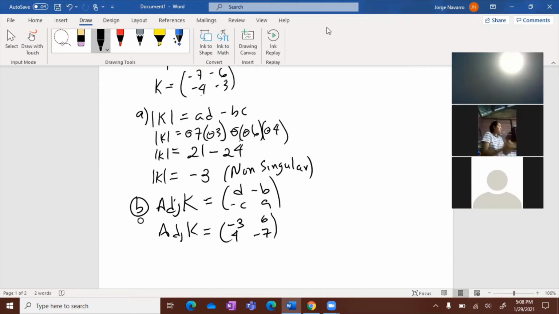Because a normal matrix K is in the form A, B, C, D. What the formula is saying is that this goes here and that goes up there. And these, whatever they were, will change to the opposite sign. If they're positive, they will become negative. If they're negative, they'll become positive. That's what the formula means.